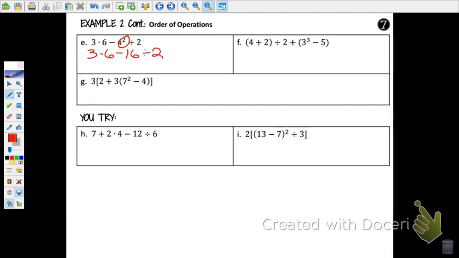So there wasn't any parentheses or grouping symbols, so I started out with my exponents. After exponents, I can multiply or divide left to right. So I have 18 minus 8, which then gives me my answer of 10.